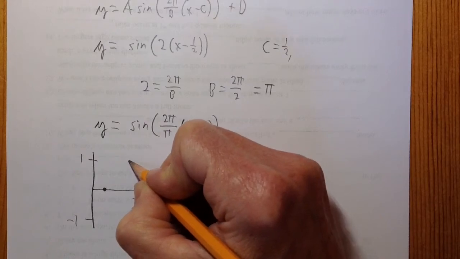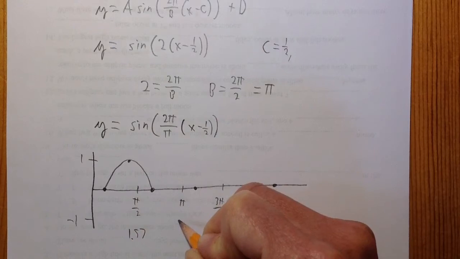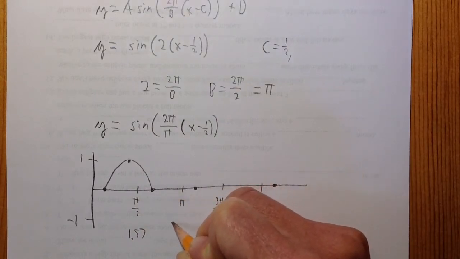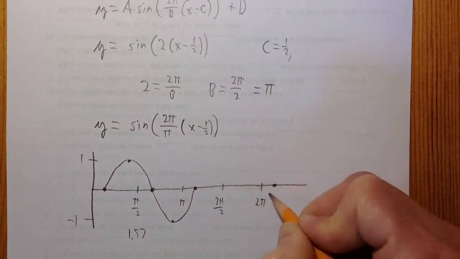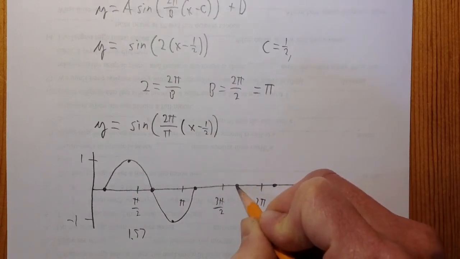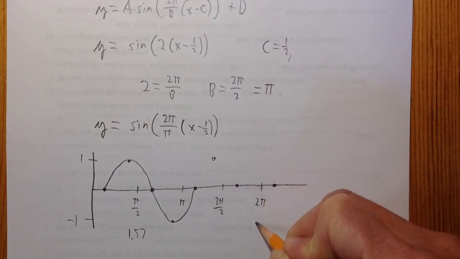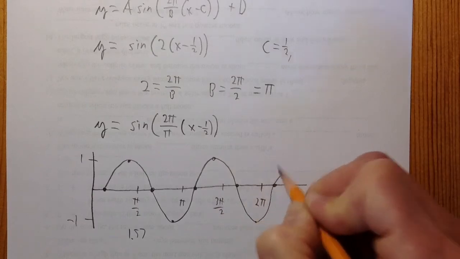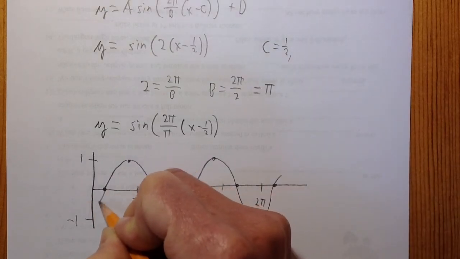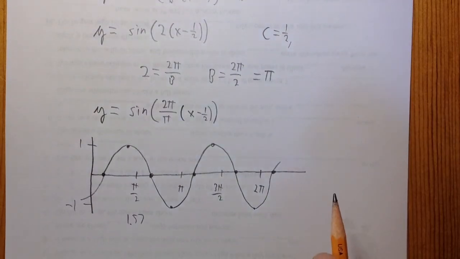So it goes like this, goes like that. Halfway in between is here, halfway in between those is here. So it goes up there, down, and it keeps going forever, and it kept going this way forever too. Okay, so there's our rough graph of this thing.